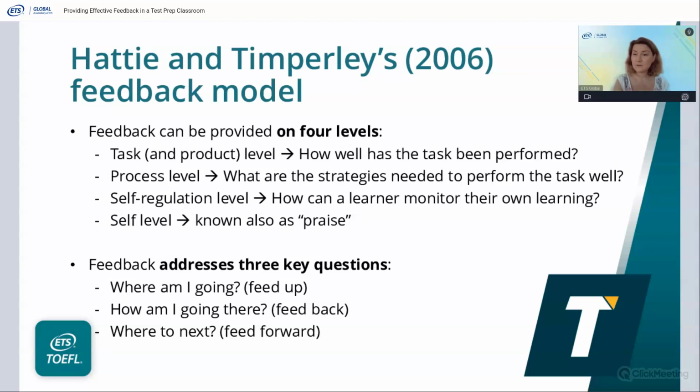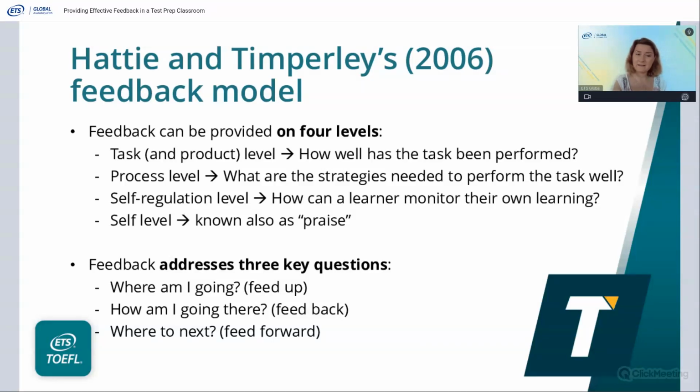And again, it's not only feedback for the purpose of learning a foreign language. They have been extremely influential for general education, and their work is best known and was carried out mainly in Australia and New Zealand. But of course now they are extremely influential all around the world.